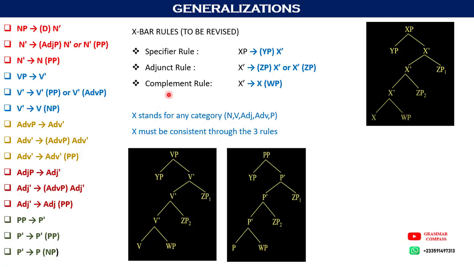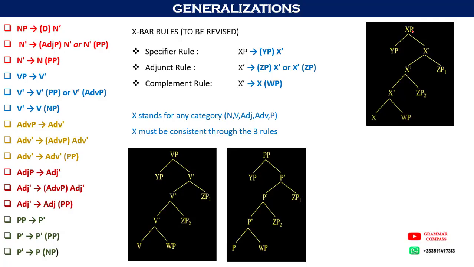Now, in order for our rules to make sense, we must use variables to represent all the rules that we have, so that we can make these generalizations. First of all, we are going to use variables to stand for each category. We will use X to stand for any category. So if you see XP, it can be NP, it can be a noun phrase.